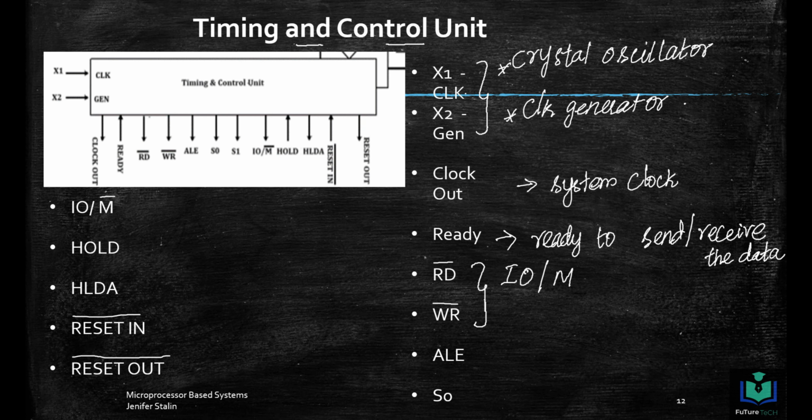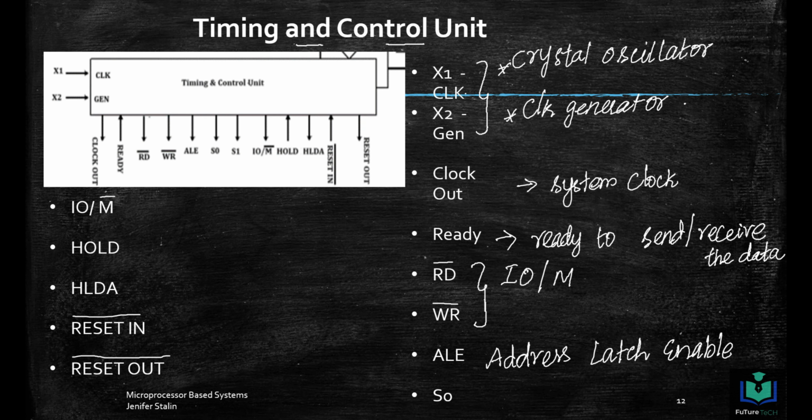The next signal is called the address latch enable signal, which is used to indicate a kind of pulse when a new operation is started by the microprocessor.